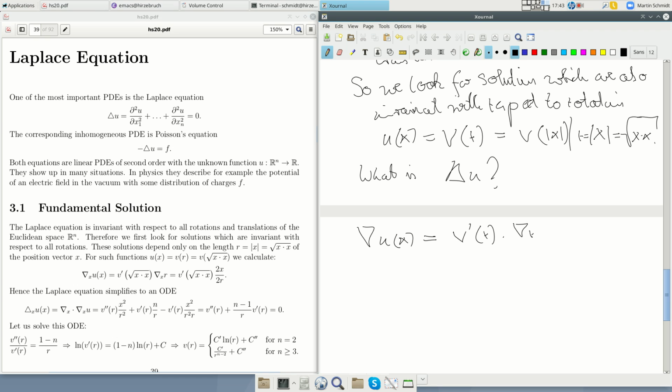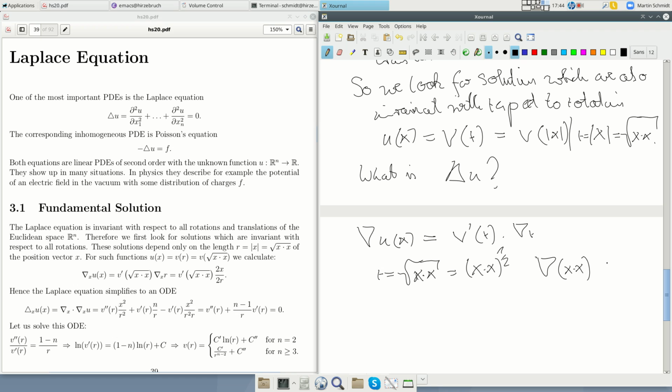And what is the gradient of r? Now r is the square root of x times x, so (x times x) to the power 1/2. Now, what is the gradient? First, what is the gradient of x times x?